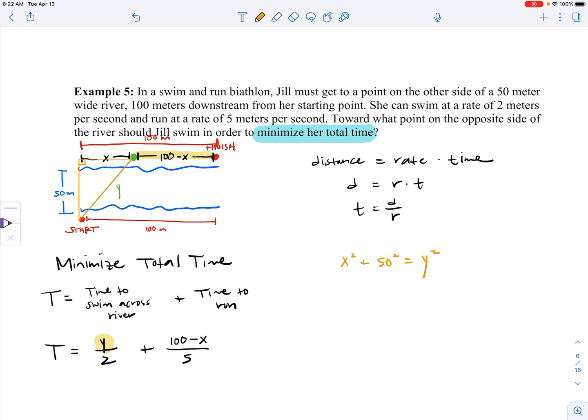So since y represents a distance, y is going to be positive. So y would be equal to the positive square root of x squared plus 50 squared, which would be 2,500.